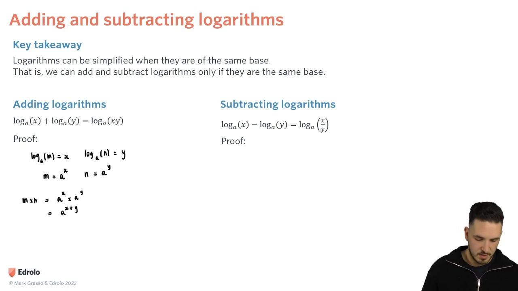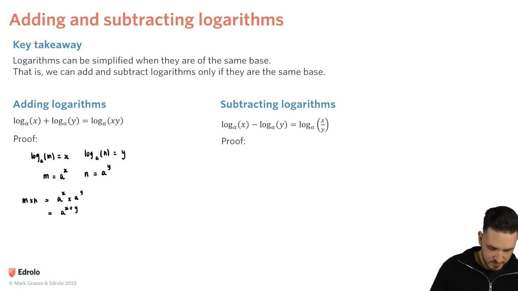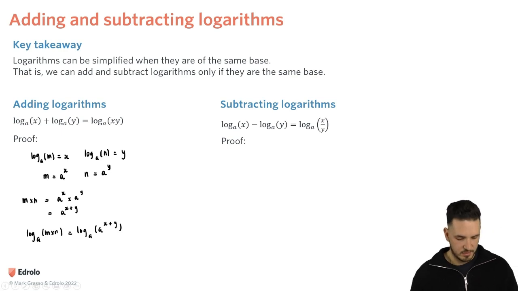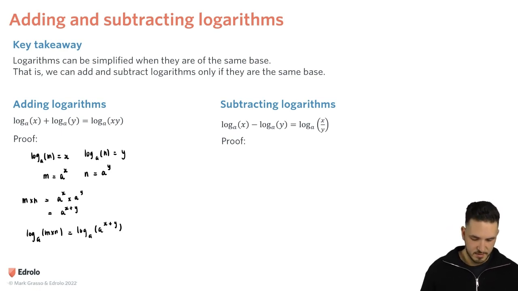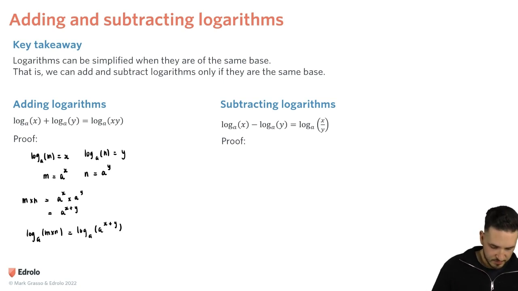So if we took the log of both sides, we would have log a of m times n is equal to log a of a to the power of x plus y. And when the log base is a and the argument is a to the power, log a of a becomes 1, so we're going to be left with log a of m times n is equal to x plus y.